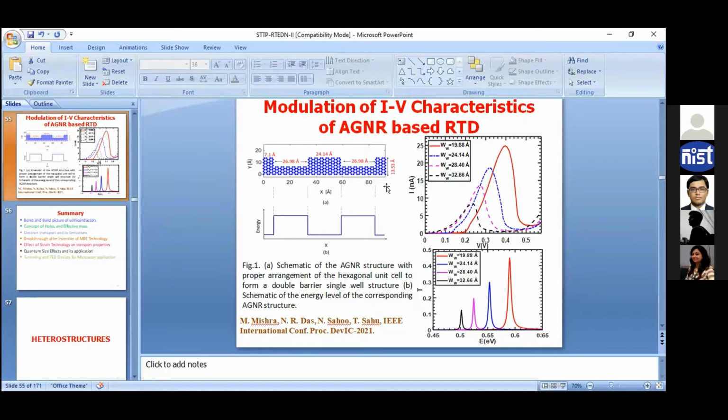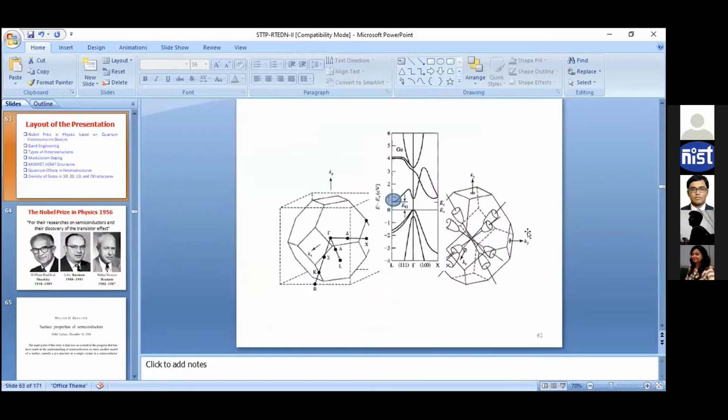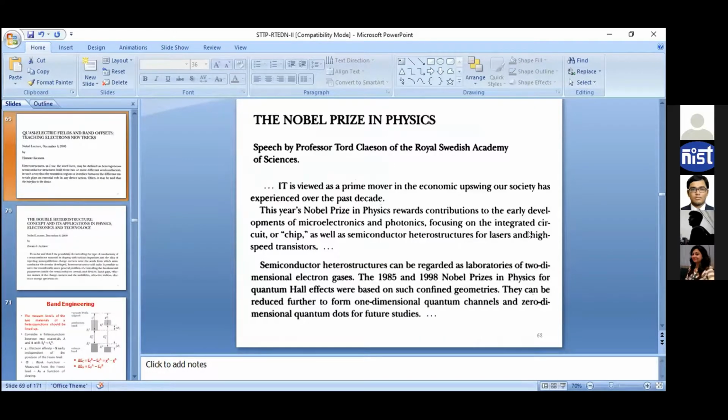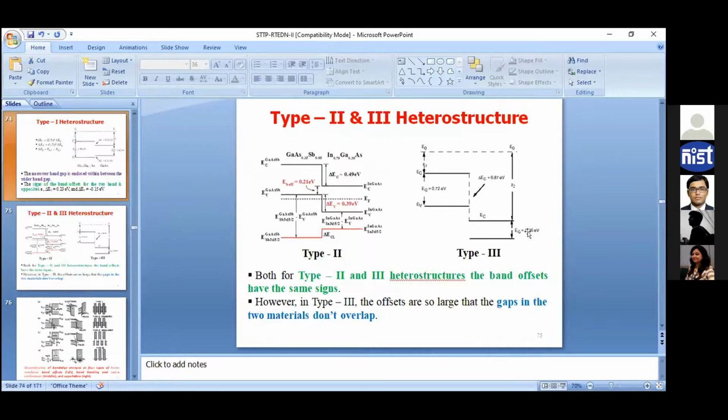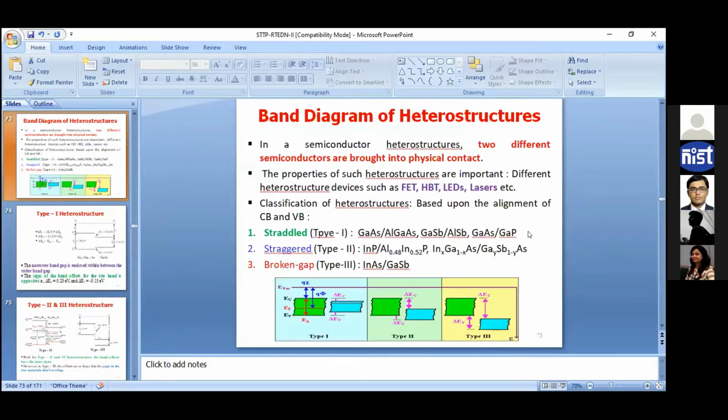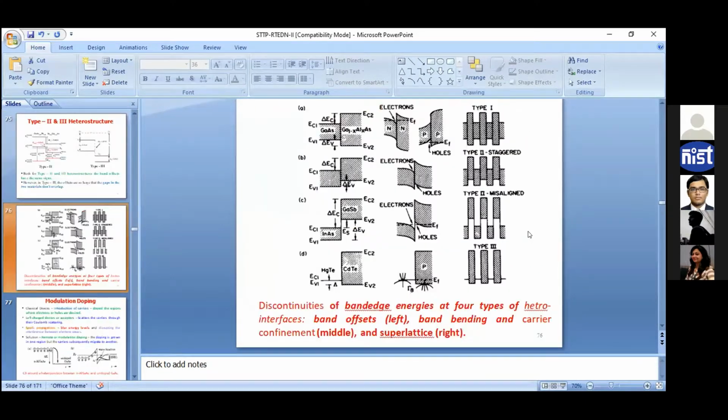Sir, can you go to the slide where you have mentioned type 1, type 2, type 3? Okay. This one? No, the earlier one.